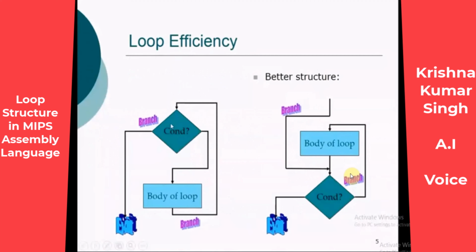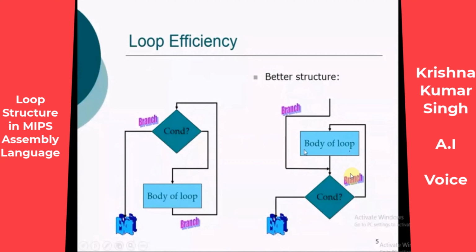Another way of implementing this loop structure in assembly is in this format. First, write the body of the loop and then the condition: if it is to come back to the body, and if it is not, to go out. And in the beginning, we jump to this location. Let me show you.